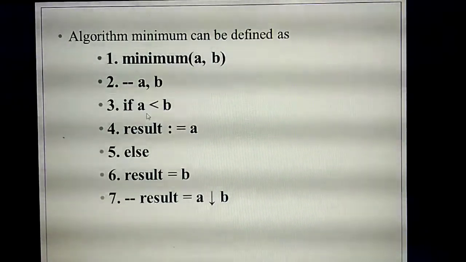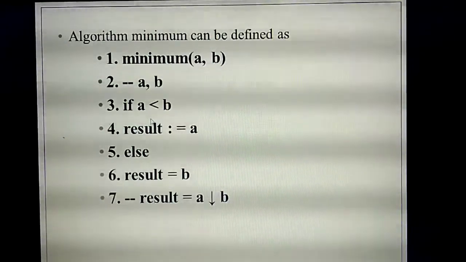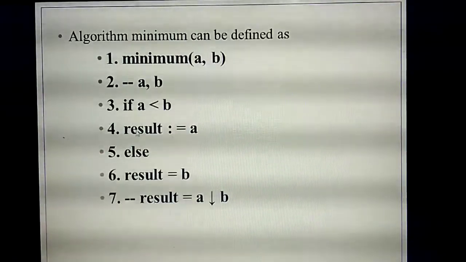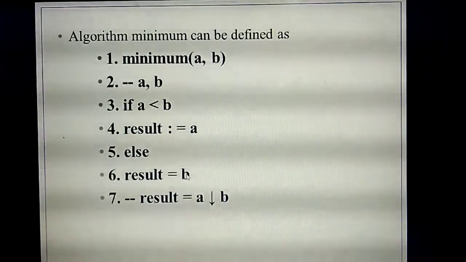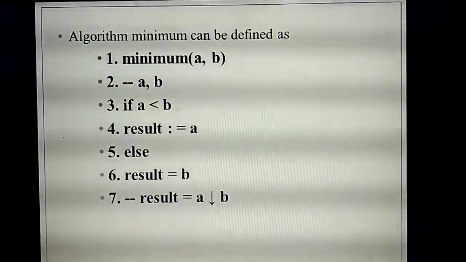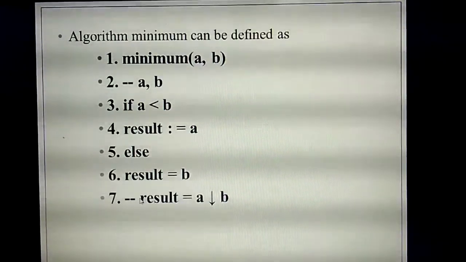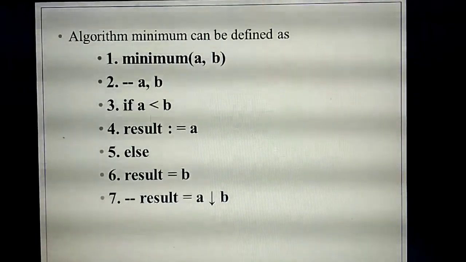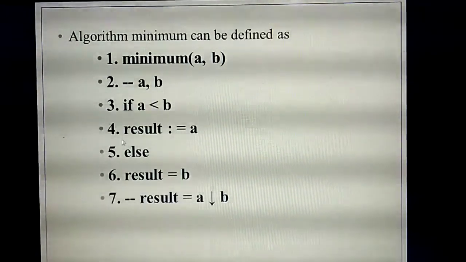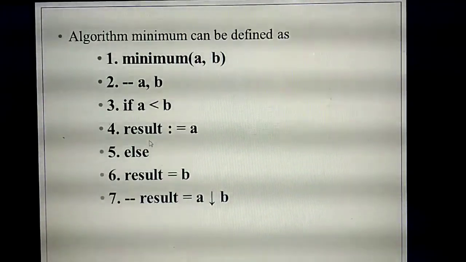Sometimes if the condition is false, these 2 lines won't execute. The lines 5 and 6 will execute, and the answer you will get is B. Understand? So at the same time, these 4 lines can't execute. Why? Either the value A is smaller or B is smaller. If A is smaller, the if block will execute.